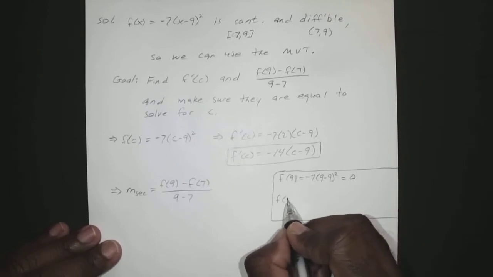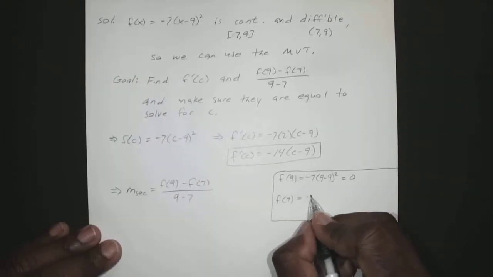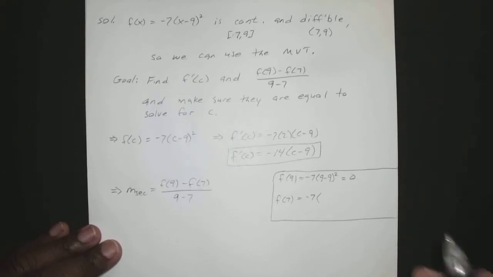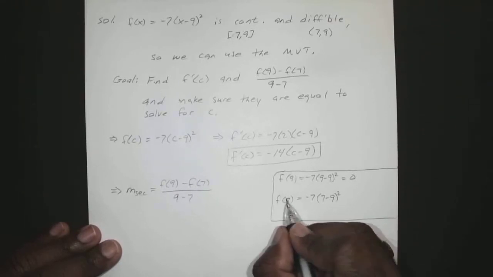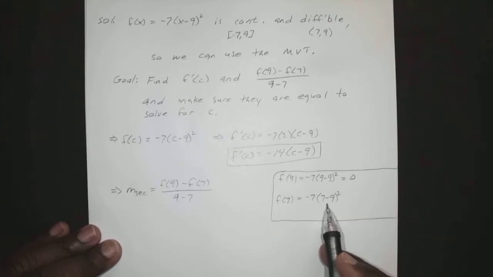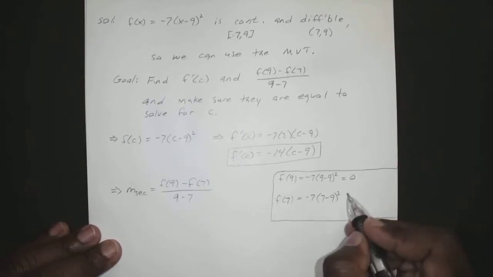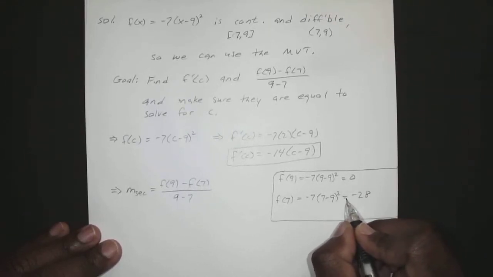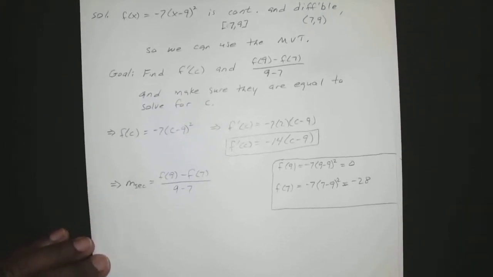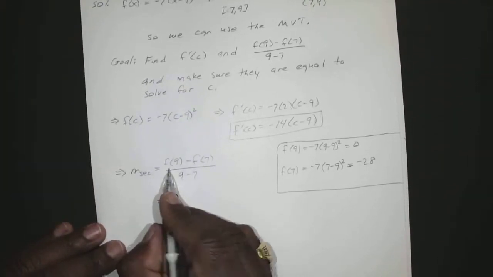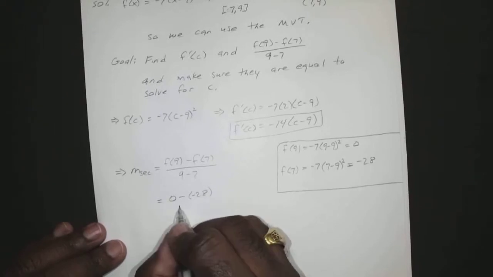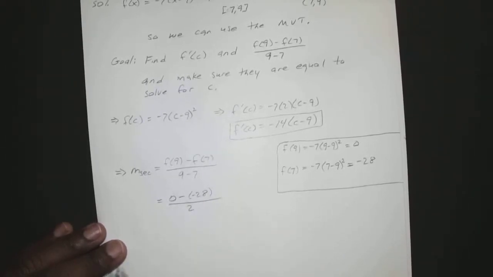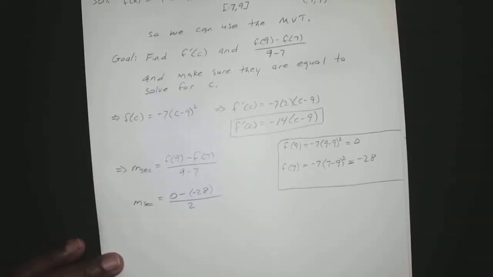And f of 7 is equal to -7 times 7 minus 9 squared. 7 minus 9 is -2. -2 squared is 4. -7 times 4 is -28. Okay, so we know this is going to equal f of 9, which is 0, minus -28 over 9 minus 7, which is 2. Okay, so you have 28 over 2, which is 14.